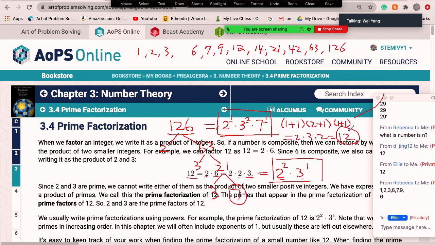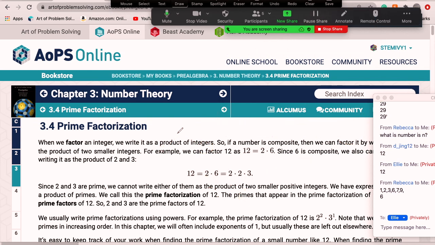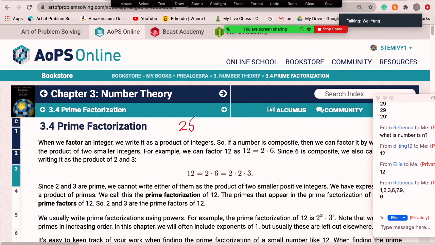Okay. So now let's do one problem. Let's see if you can factor 254. Everybody send me your private chat. What's your factorization of 254 in the power form? You can use this sign on your keyboard as the power.